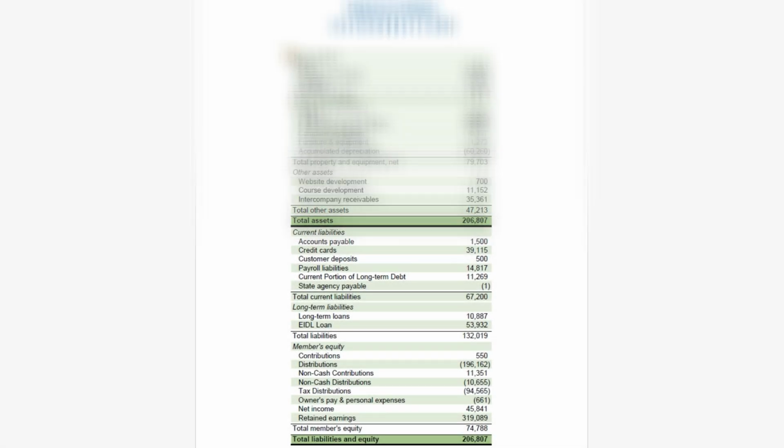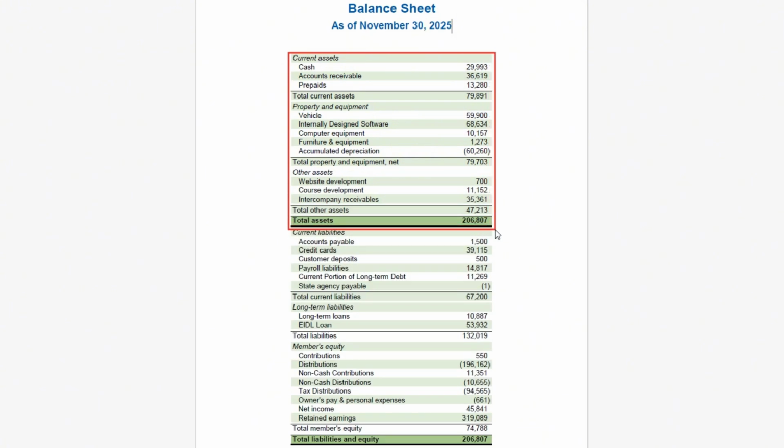So let's dive in. The first one we're going to look at is the balance sheet. The balance sheet is basically a list of your assets right there. Then your liabilities right there. And finally, your owner's equity right there.